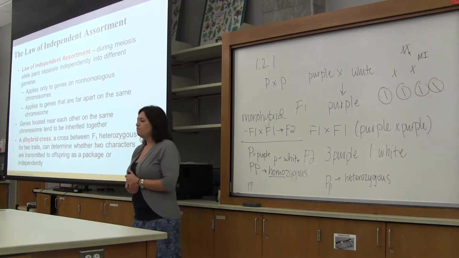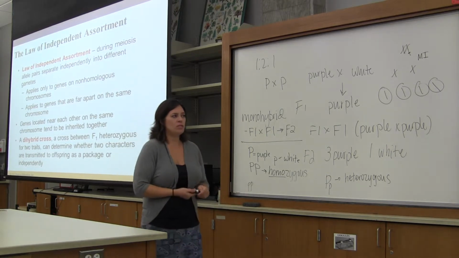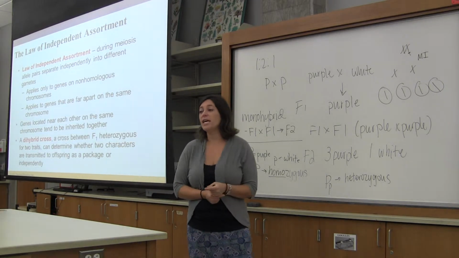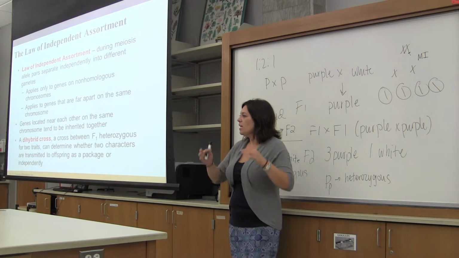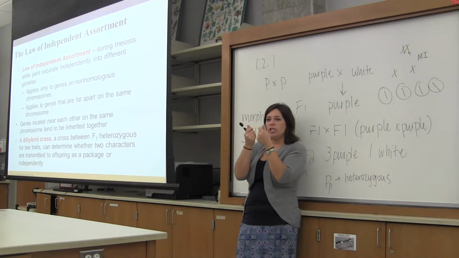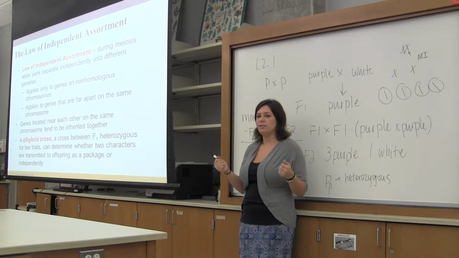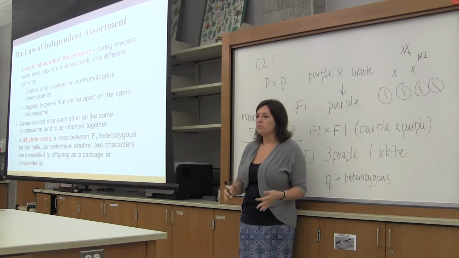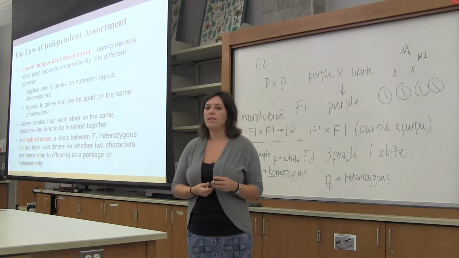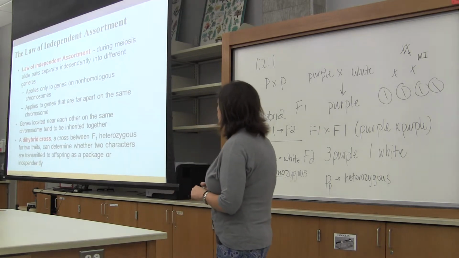Okay, so we already talked about Mendel's law of segregation, saying that the two different versions of a gene are going to separate into different gametes during meiosis. From his research, Mendel also came up with the law of independent assortment.